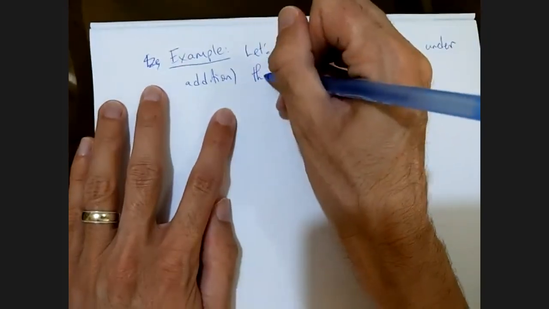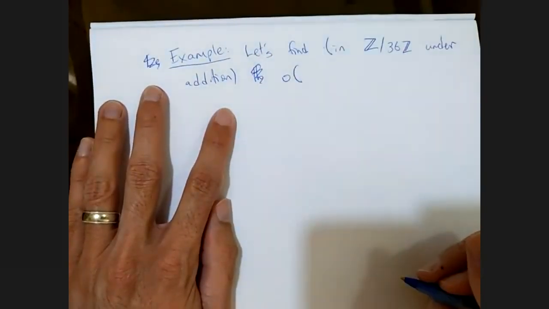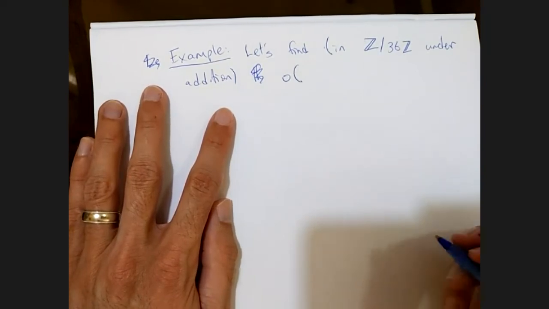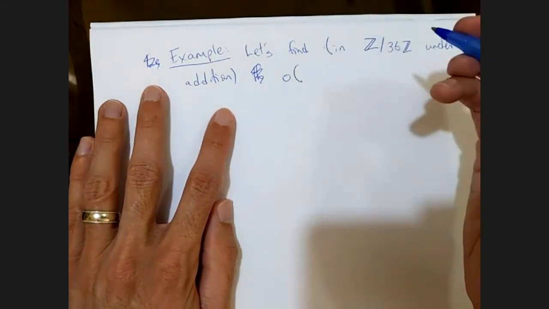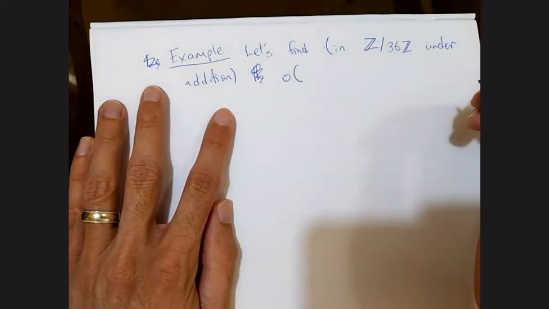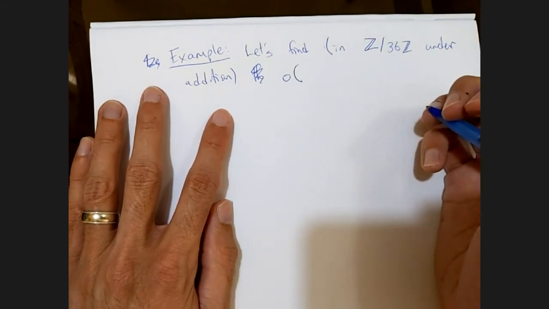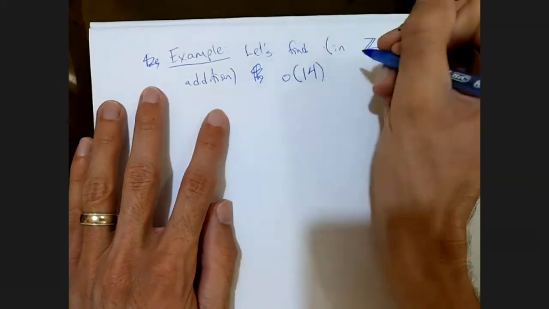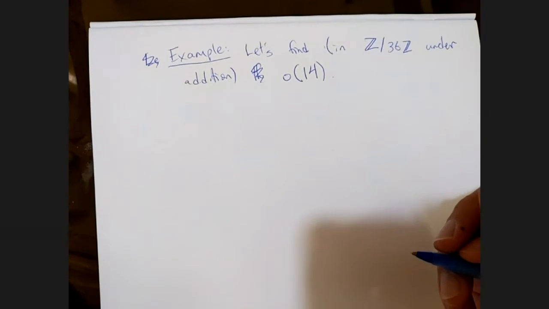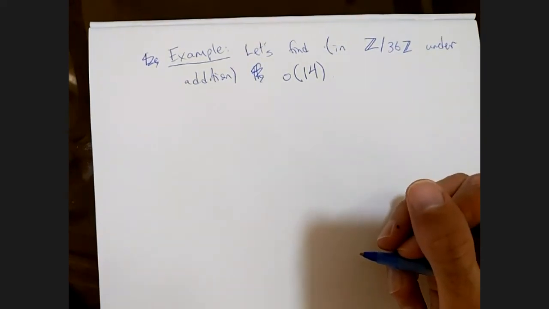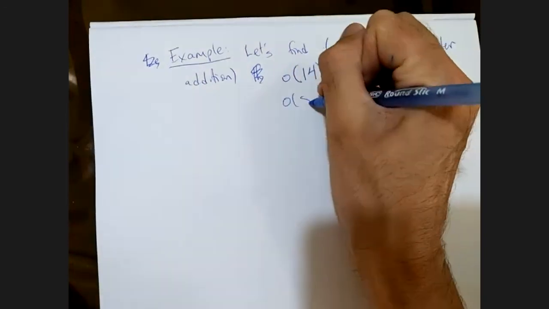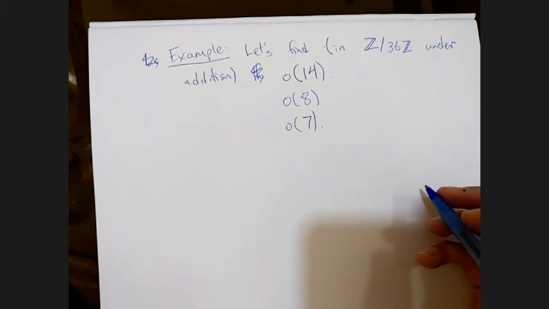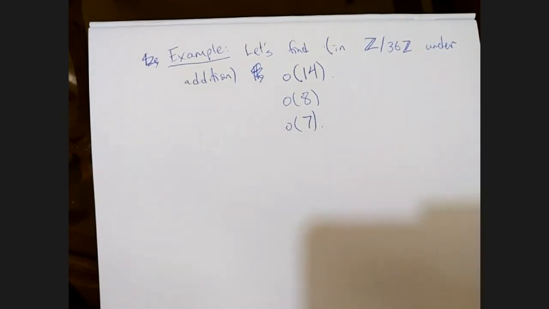Let's find the order of something like 14 or something. Let's find the order of 8. Let's find the order of 7, just as examples.